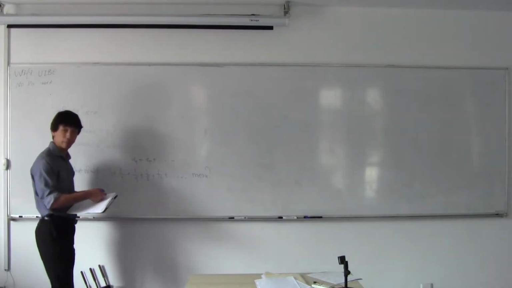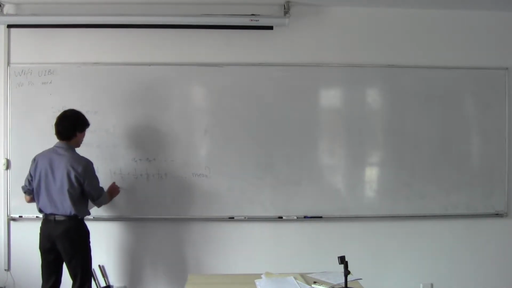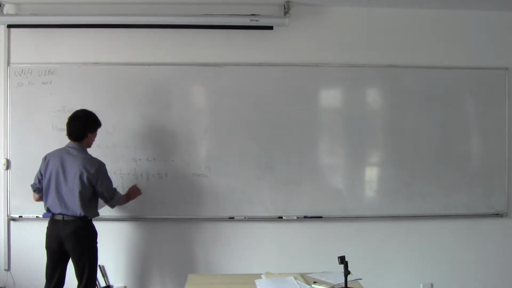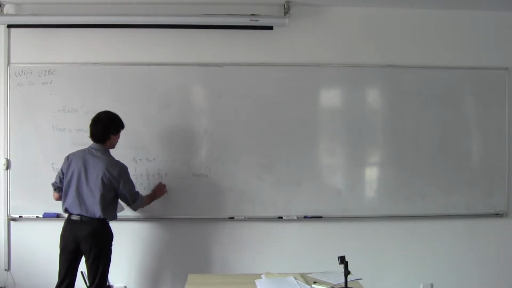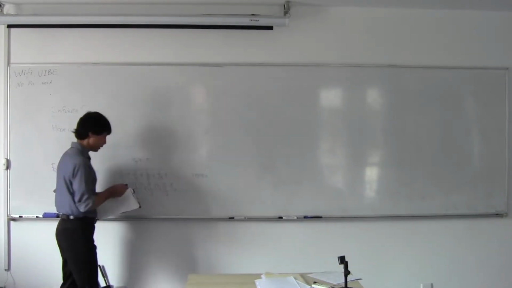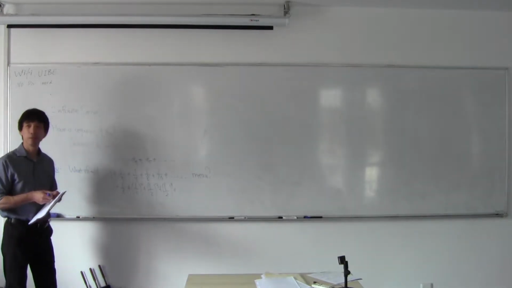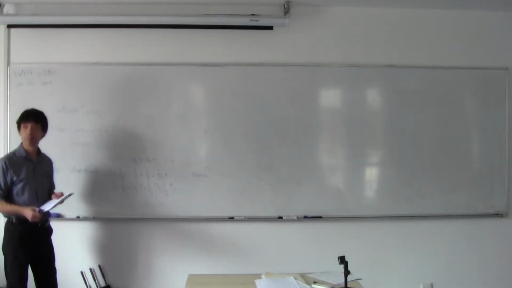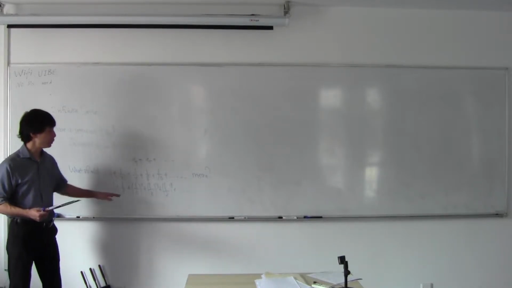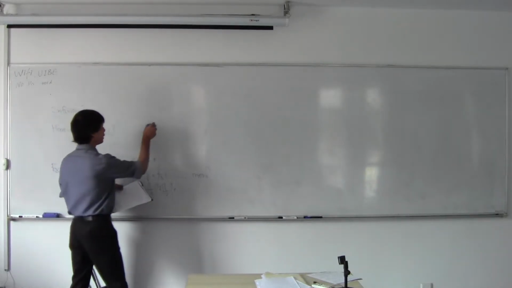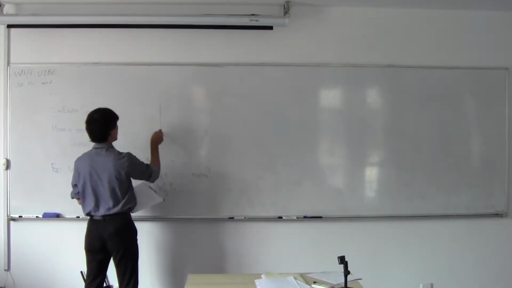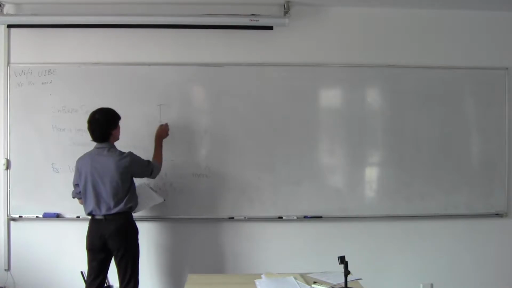Well, this is 1 plus a half squared plus a half cubed plus a half to the fourth, etc. If we look at it like this, let's say here is 1.